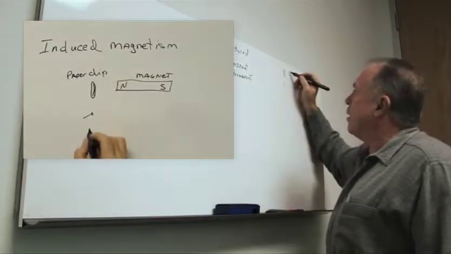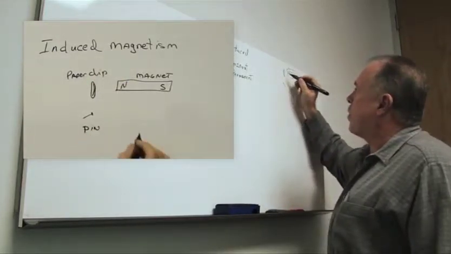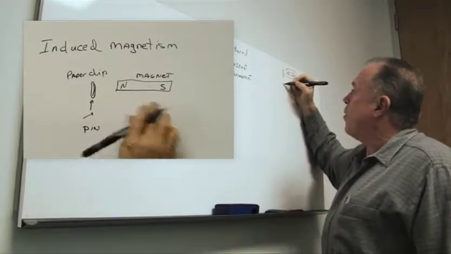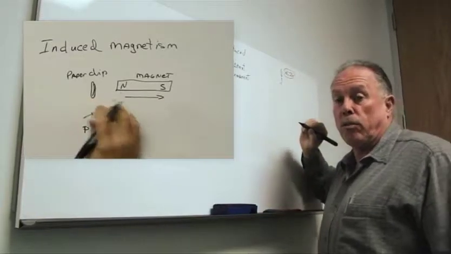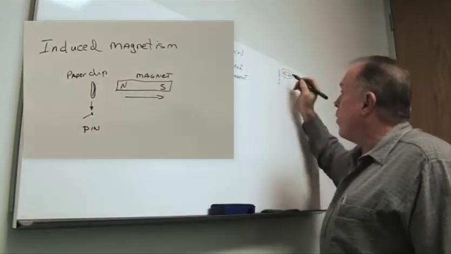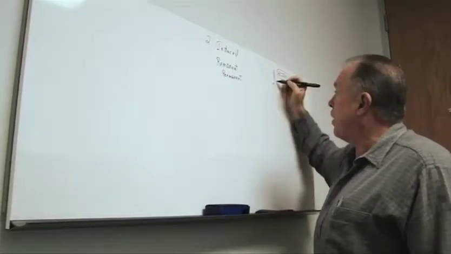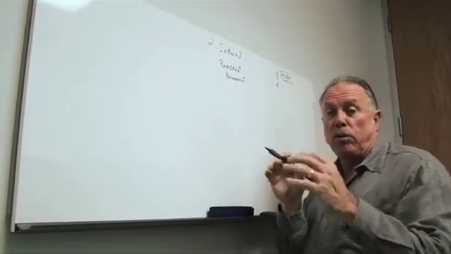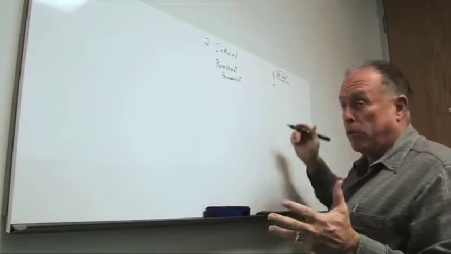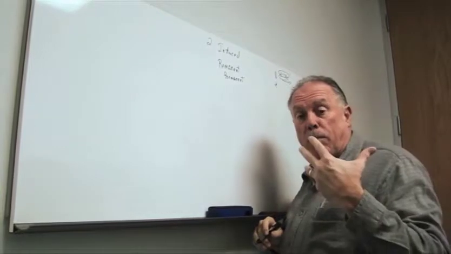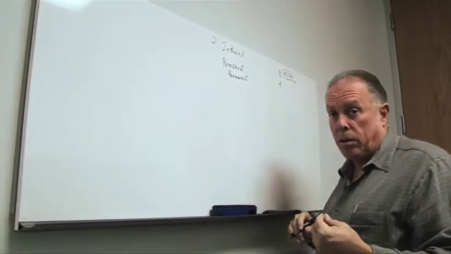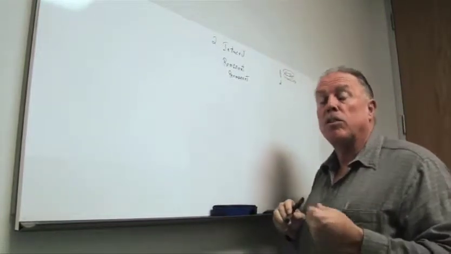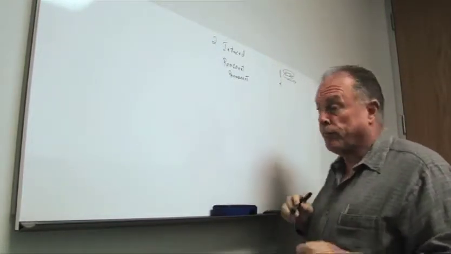If we hold the magnet close to the paper clip, we can induce a magnetic field in it, and the pin will attach itself to the paper clip. When we remove the magnet, the pin will fall down. So we are inducing a magnetic field in a material, the paper clip, which has a property called susceptibility. We use an estimate of an object's susceptibility to determine how far away we can see it.